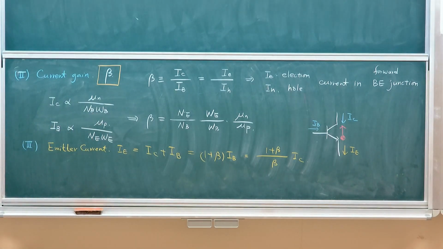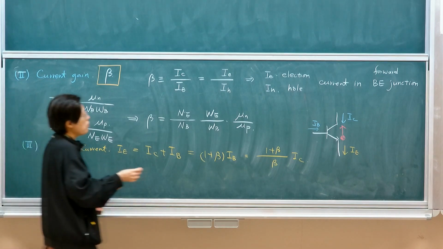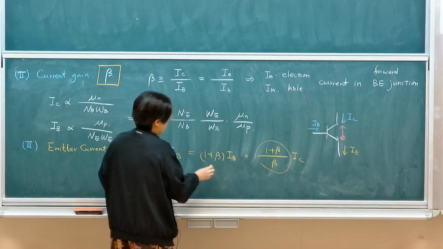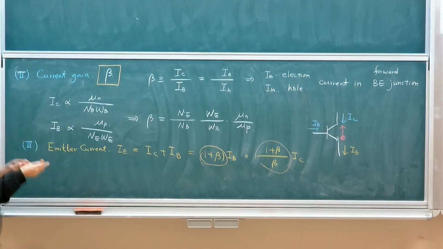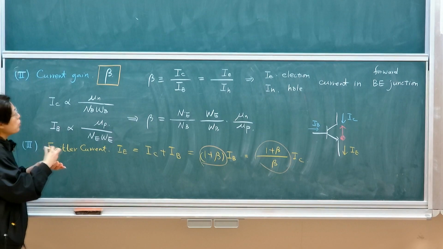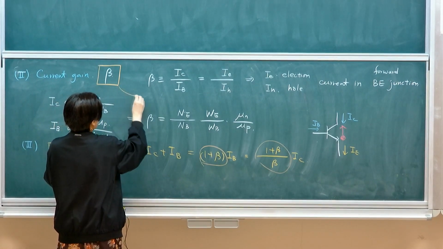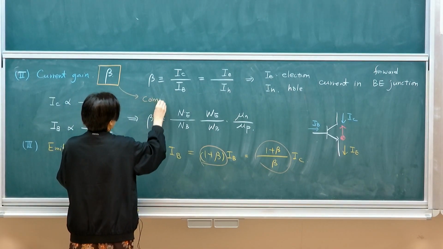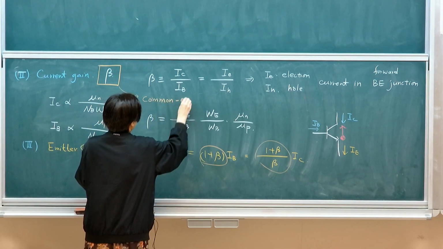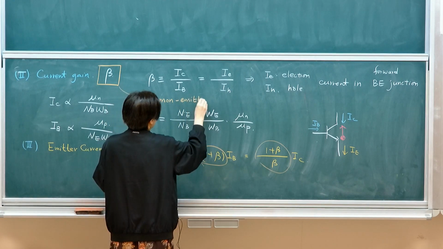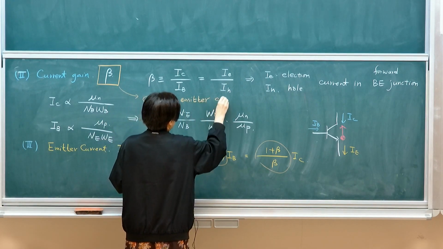So either you start with the base or you start with the collector current. Once you find the collector current, you can use this equation to find the emitter current, or you can find the base current. The relationship is the same. As I said, beta is typically referred to as the current gain, or common emitter current gain. It's called the common emitter current gain.